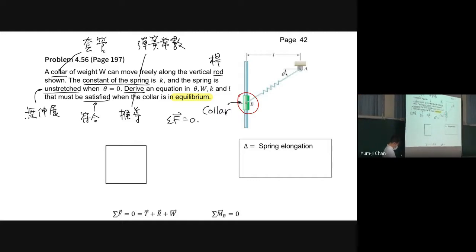Point B. And let's define the x and y directions. Now, what are the forces acting on the collar?